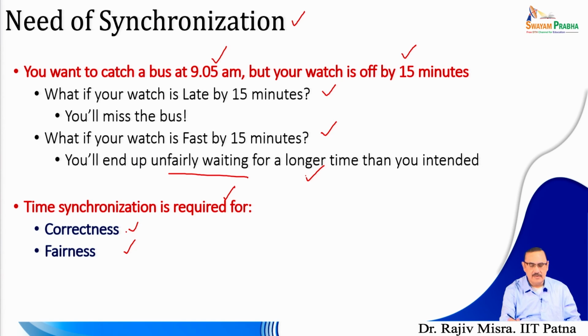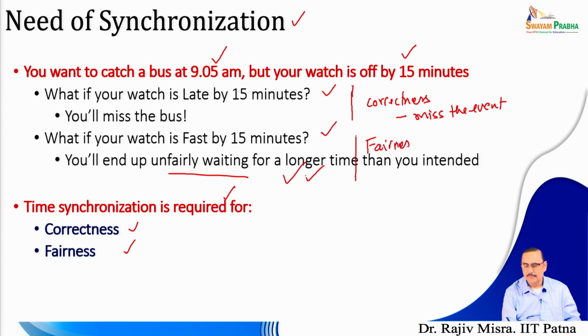In the first case, it is called the correctness, that means when you miss the bus, when you miss the event. For example, if you are late by 15 minutes in the class, so you will miss the class. Similarly, if you are ahead of 15 minutes for any event, then you will be waiting for a longer duration of time than you intended, and this contributes to the fairness.